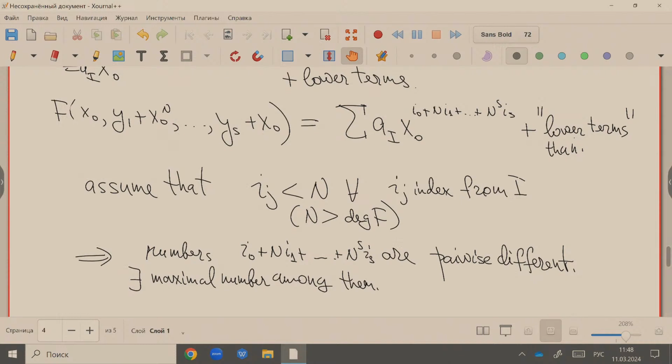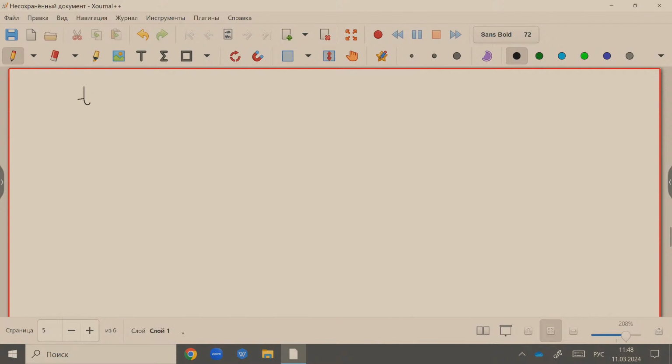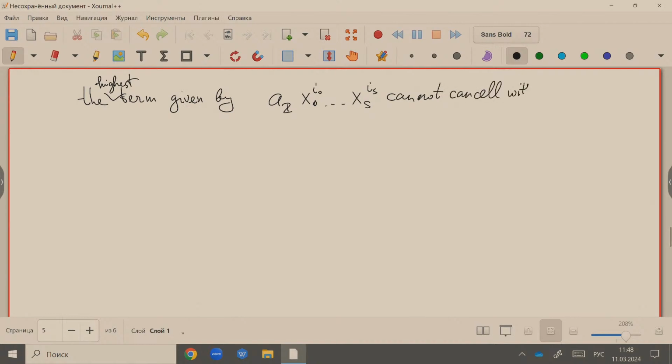So this implies that the highest term given by this monomial cannot cancel with any other term of other monomials.